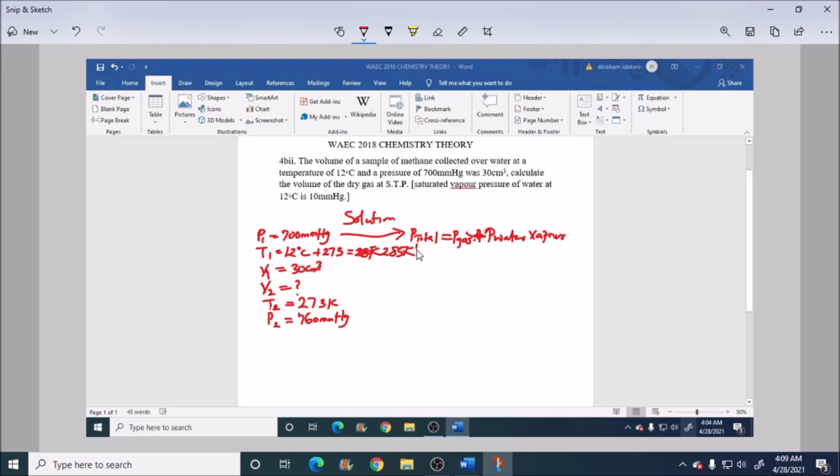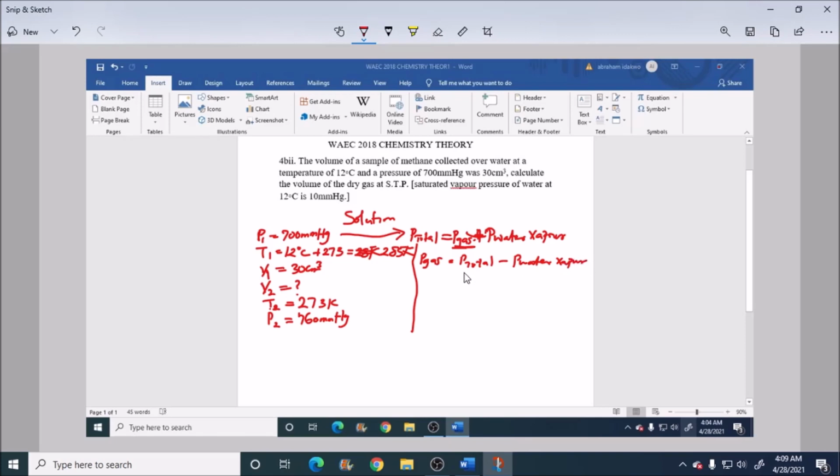Then from here we know that to calculate the real gas pressure, that is P gas, we are going to have P gas is equal to P total minus P water vapor.